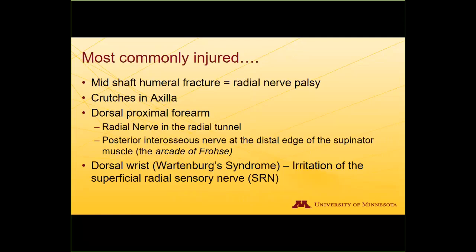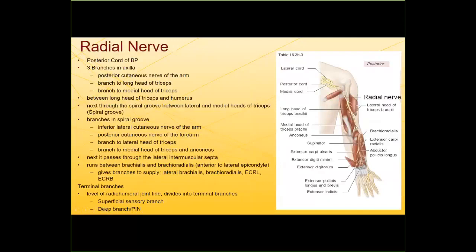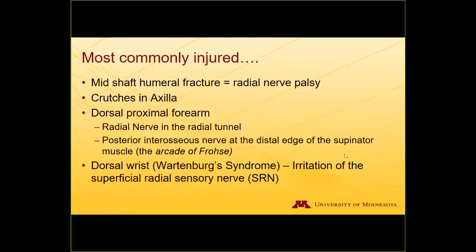And also in the dorsal proximal forearm, okay, so where the radial nerve goes through what's called the radial tunnel, which is basically the space between the radial head and the supinator. It's that distance that the nerve travels through there that's called the radial tunnel, and it's prone to being irritated there.